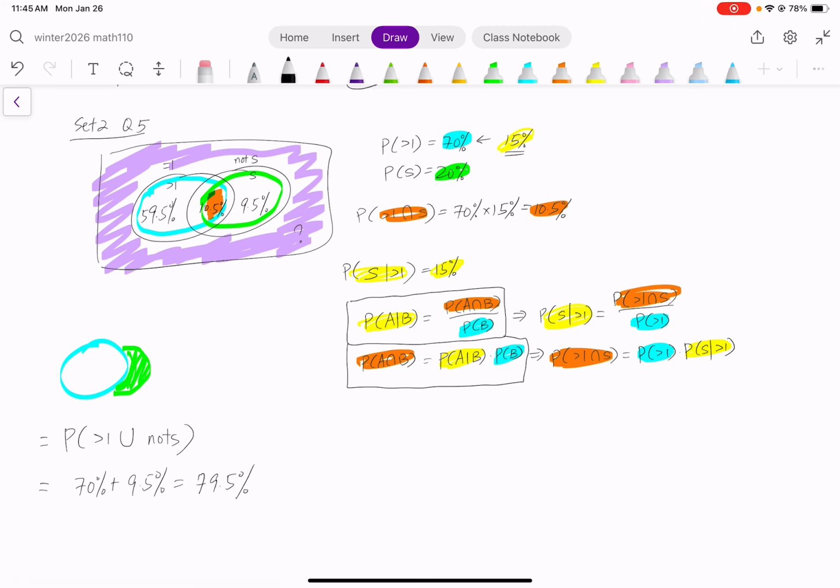And what's outside? The probability of equal to 1 and not a sports car, which is the purple area, is equal to 1 minus 79.5%, which is 20.5%, and the answer is going to be B.